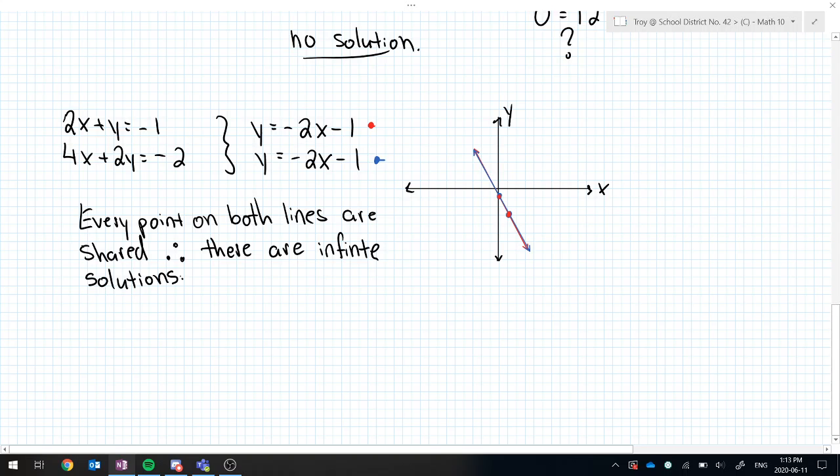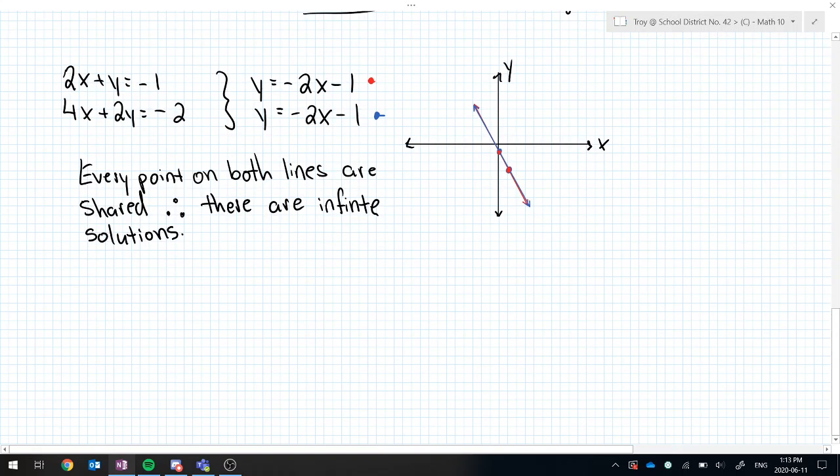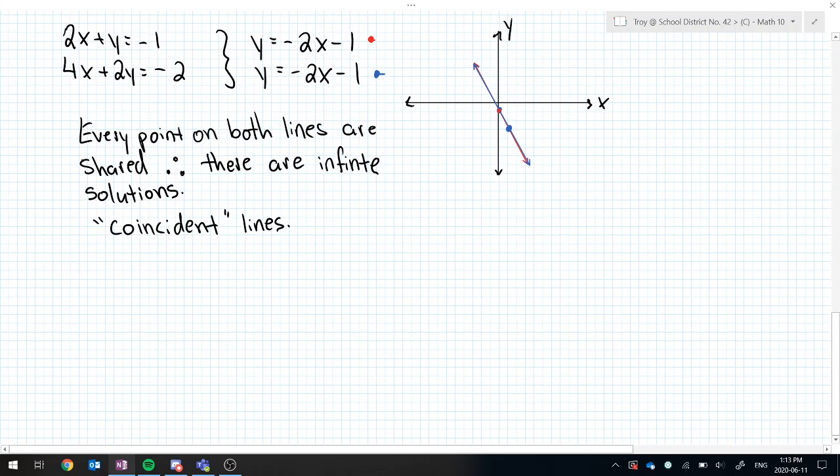Kind of cool. And just some terminology, we say these lines are coincident lines. Okay. So let's see what happens here now with substitution and elimination.